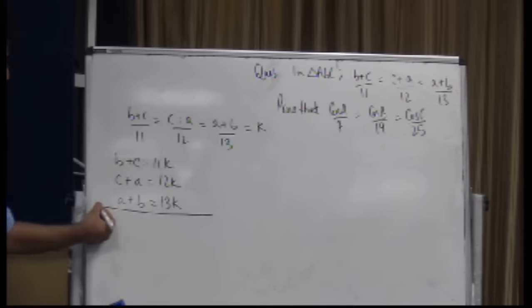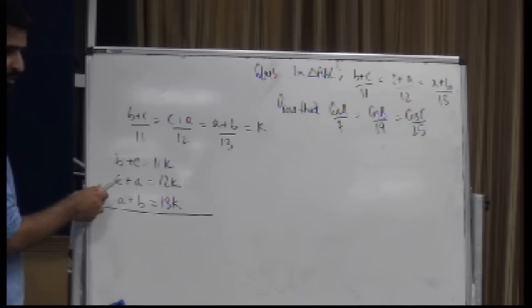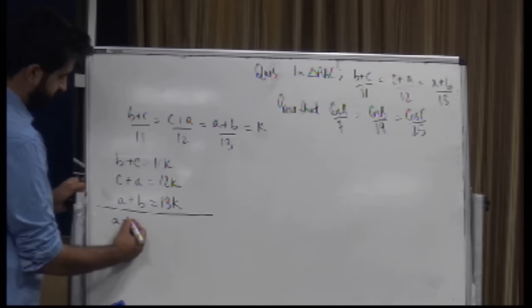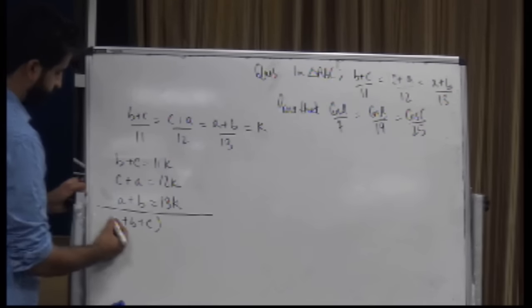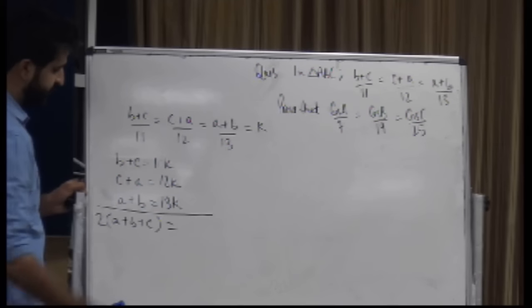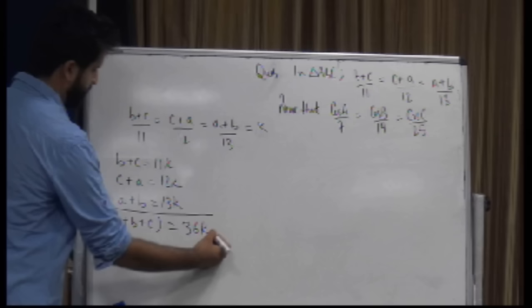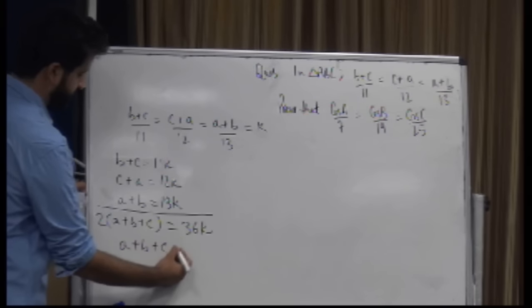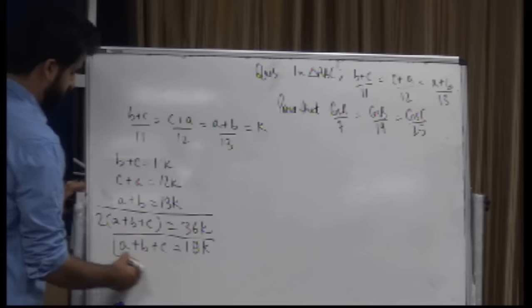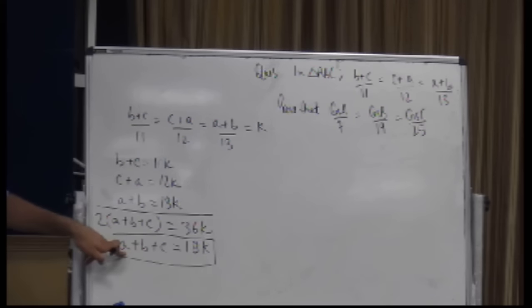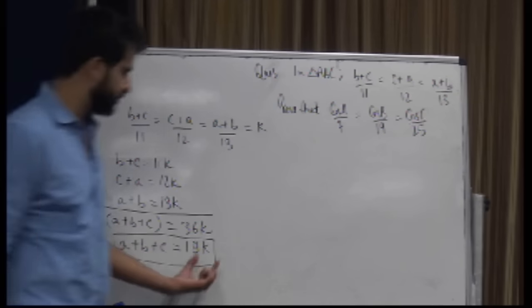Okay. What we can do is, in such type of equations, we can add all the three equations. What do we get? 2 times a plus b plus c is equal to what? 36k. So therefore a plus b plus c is, okay. Now you know the value of b plus c, 11k. So what is a? 7k. The sum of all the three will be equal to 18k.